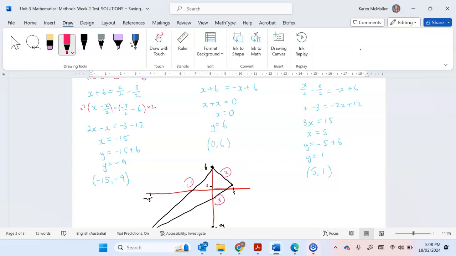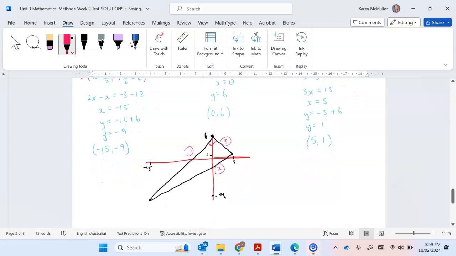So remember, as I said before, the right angle is formed between line 3 and 1. So there's your right angle. So we want this distance here, this distance, and this distance for this one.